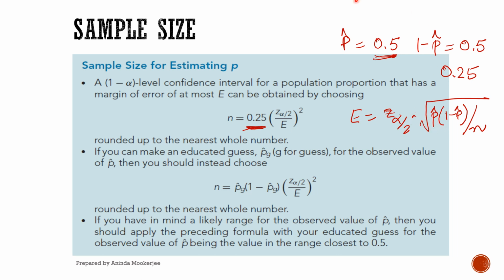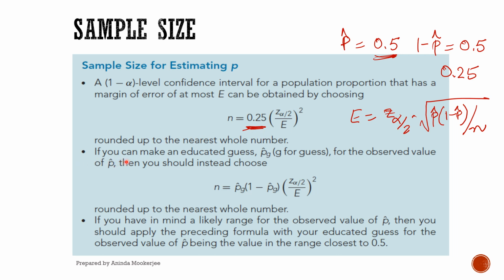Sometimes we can assume that p hat is 0.5, so 1 minus p hat is also 0.5, and when you multiply the two in this formula, you get 0.25. That's where that 0.25 comes from.